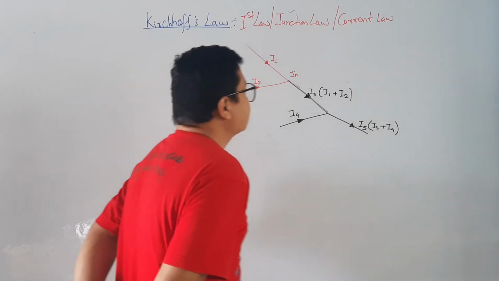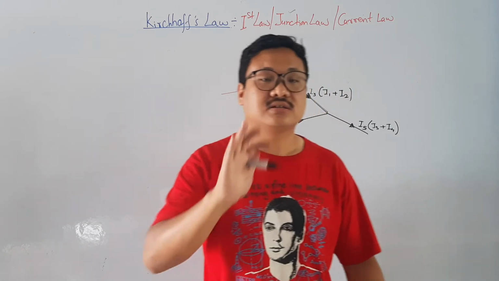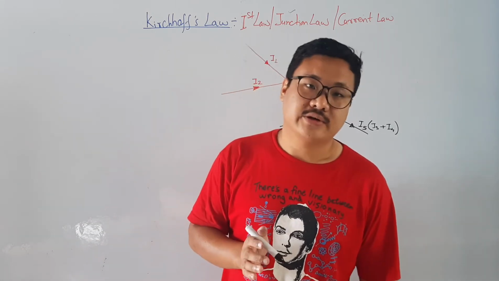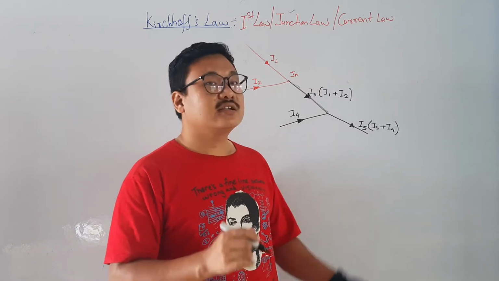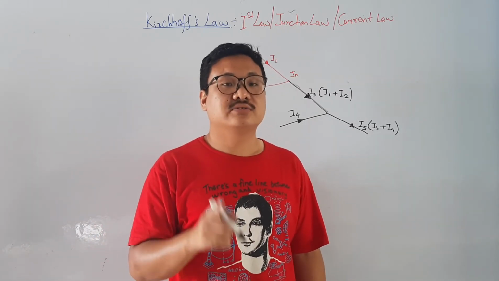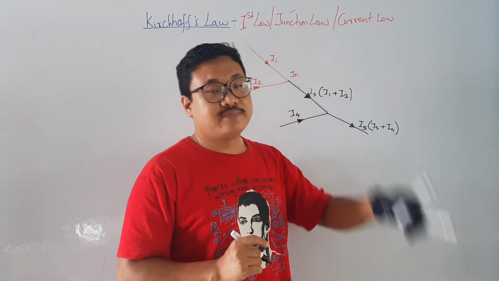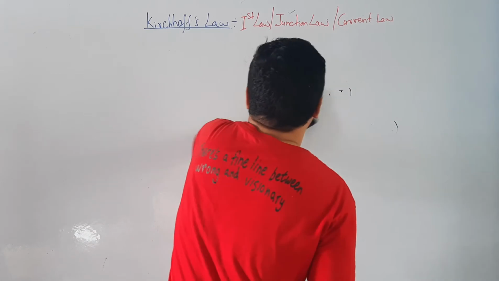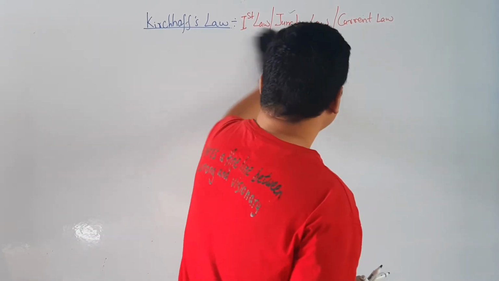So this is actually Kirchhoff's junction rule or Kirchhoff's current law, because here we consider the junction as well as the current. Let me give you another, better example.